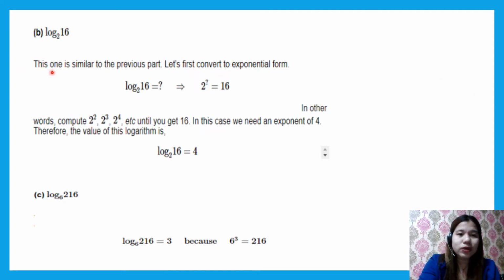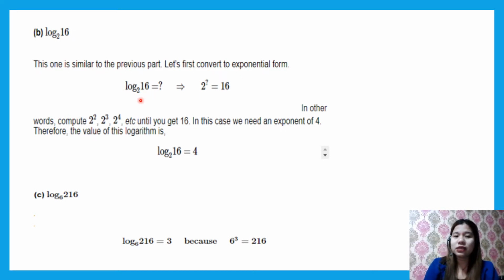Next is, this one is similar to the previous part. So let's first convert to exponential form. Convert muna natin kasi may unknown or missing. Okay? So logarithm of 16 with the base of 2. So paano magiging 16? Ilang beses i-multiply yung 2 para maging 16. So, yun yung pinaka magiging exponent. Okay, so 2 times 2 is 4.